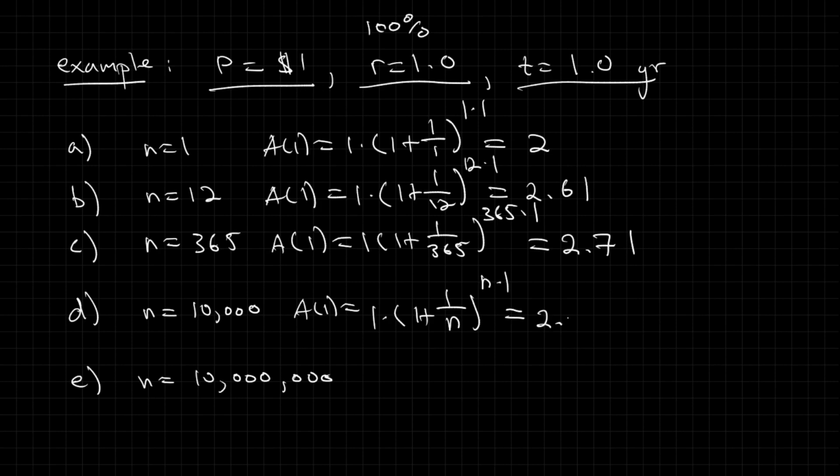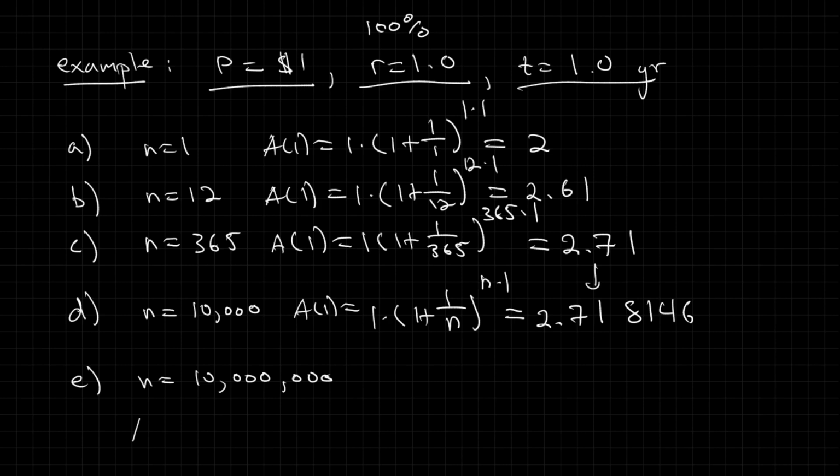Let's put 6 decimal places. 2.718146. That's actually quite surprising to me. I expected compounding 10,000 times to give a result much higher than if I were to compound only 365 times per year.